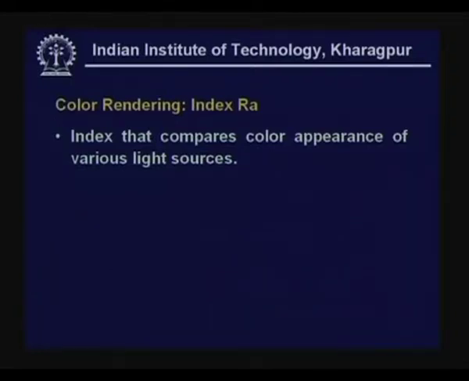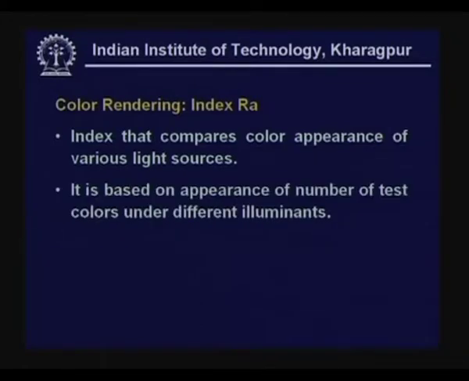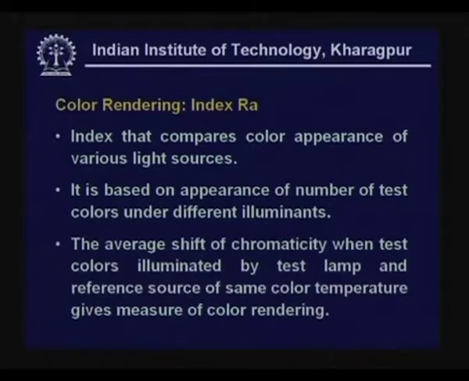This is the index that compares the color appearance of various light sources, and it is based on the appearance of a number of test colors under different illuminants, that is, the lamps in question. This is what we abbreviate as CRI.